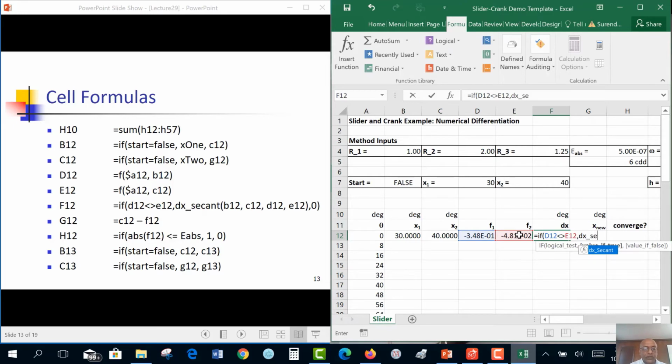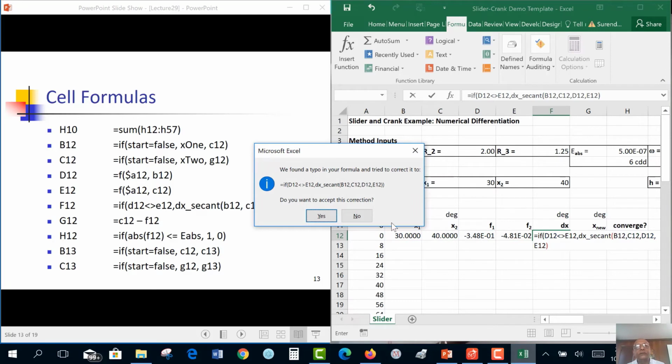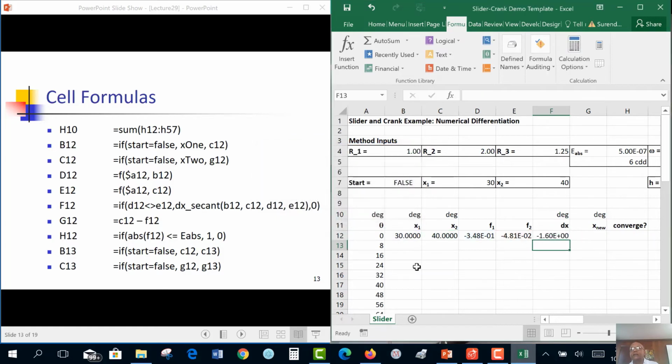And then we can call dx secant using x1, comma x2, comma f1, comma f2, and we get our dx. I'm missing a parenthesis. Okay. X new is x2 minus dx.